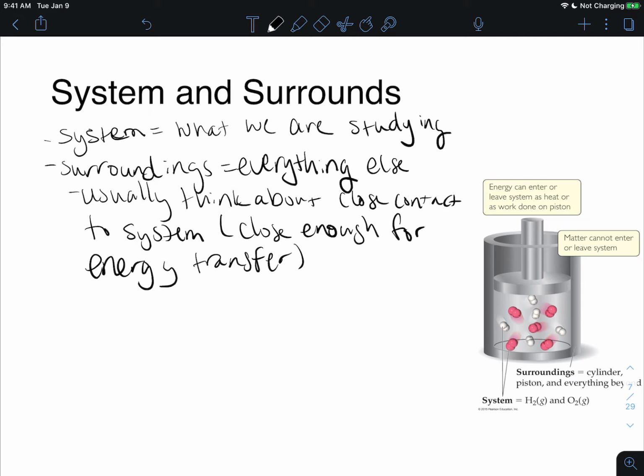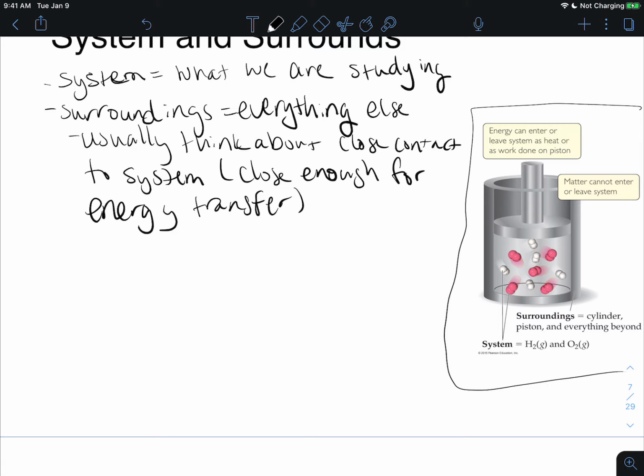So can it transfer that heat or that work? So we can take this right here and look at it. This is a cylinder, and in that cylinder there's a piston, and then inside the cylinder is a reaction, H2 plus O2. H2 plus O2 are inside, and they are what we would call the system because they're what we're observing. The surroundings are going to be, again, everything else, but usually we just think about the cylinder itself and the piston, the things that are actually in contact with the system itself.